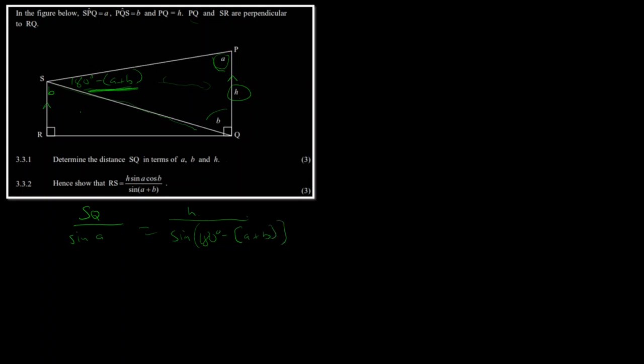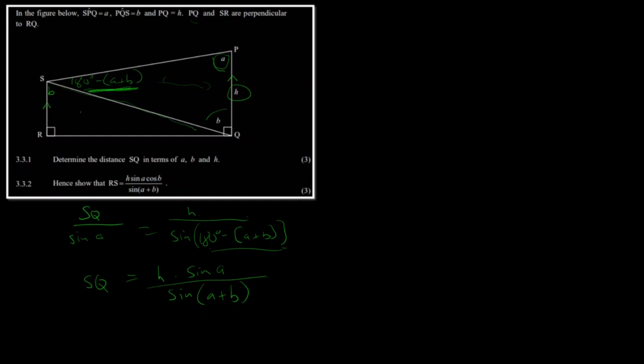So let's see where this takes us. Well, that means SQ is going to be equal to H times sine of A. And at the bottom we can do a reduction. Sine is positive in the second quadrant because it says 180 minus over there between brackets. So that's just going to be sine of (A plus B). Well, and that's exactly what they want.